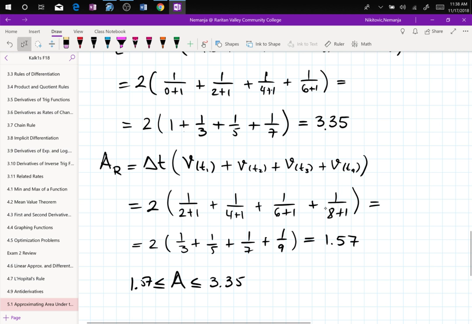The area is supposed to be in between the two numbers. I can't find the mistake. I set up properly, I plugged in properly.